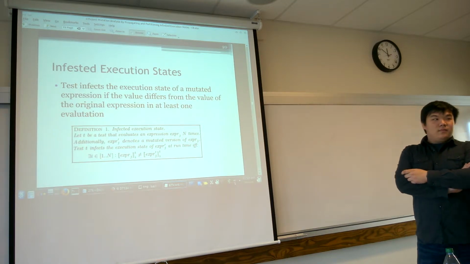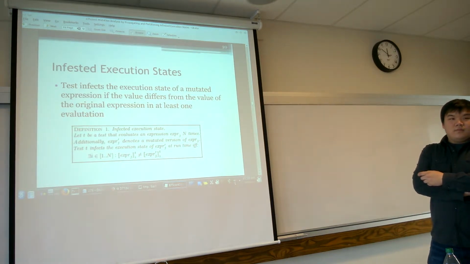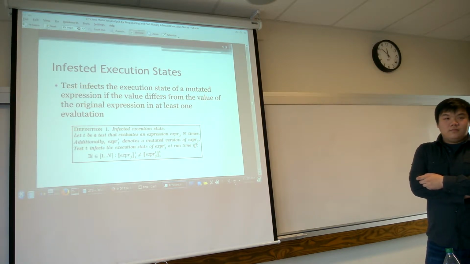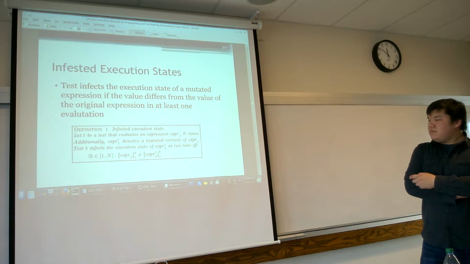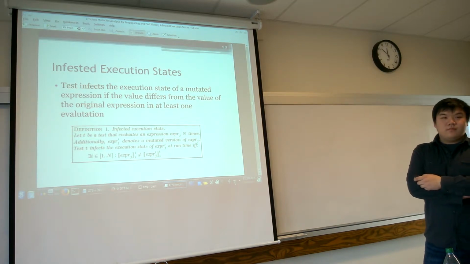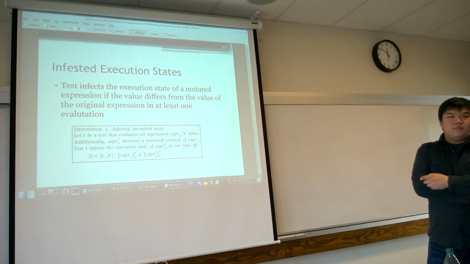So that's because it's executed n times. I mean, an expression can be repeated in a test, right? Yeah, exactly. So an expression could be repeated in the tests, and they're just saying that if the results of your mutation and results of the original ever differ, then that denotes infection. If they ever differ, for any one of these many executions.